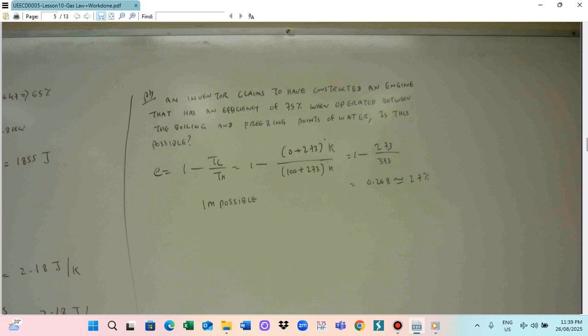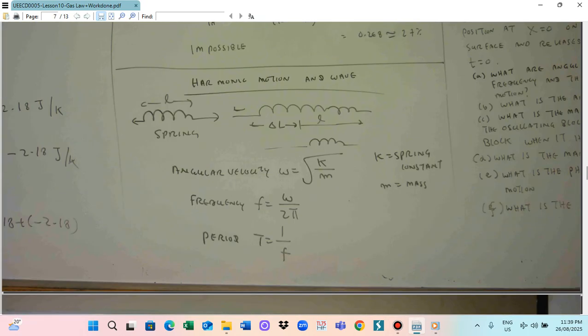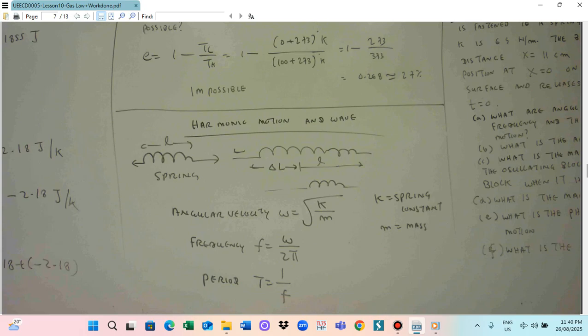We change to Kelvin by adding 273. So 0 plus 273 divided by 100 plus 273, that is 1 minus 273 divided by 373. So the efficiency will be 0.268, around 27%. Therefore the 75% efficiency is impossible. So we can assess the operation of an engine with this formula.